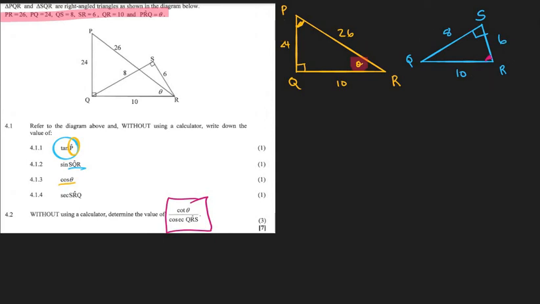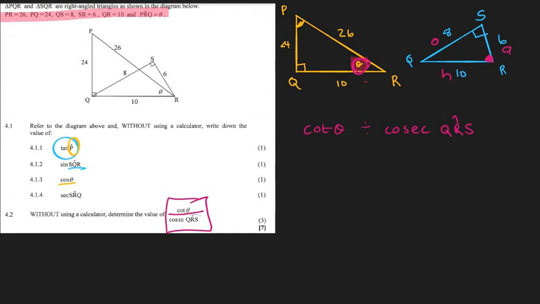Alright, so it says there, cot theta, divided by cosec QRS. So it's that angle there and this angle. So let's quickly do our opposite and adjacent. That's going to be opposite, that's going to be adjacent, this is going to be hypotenuse.